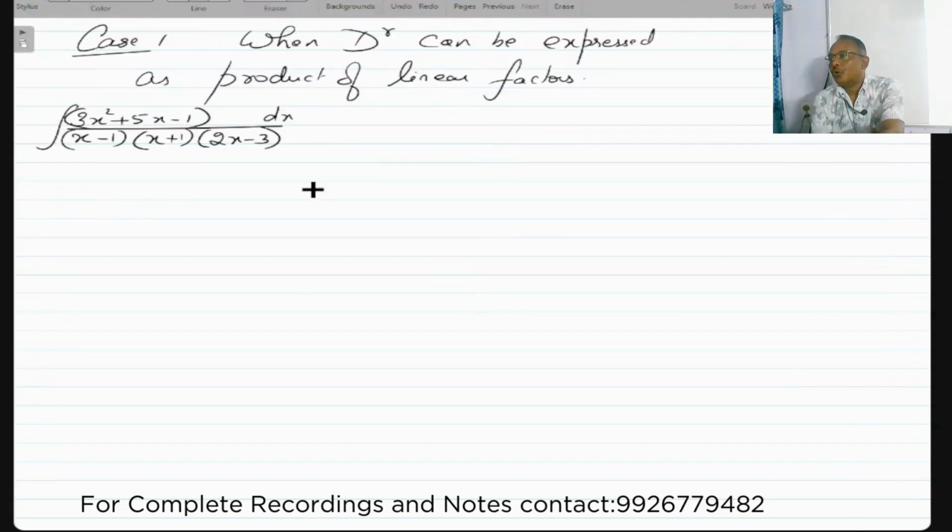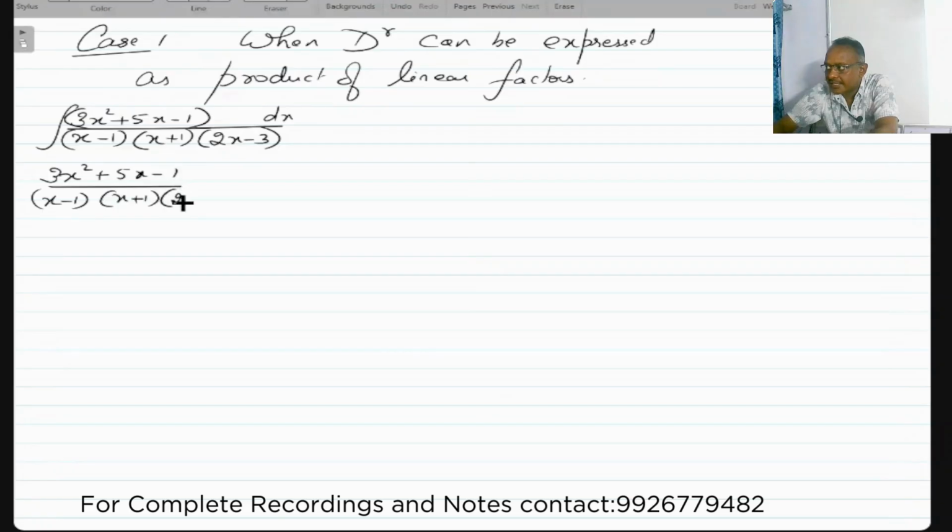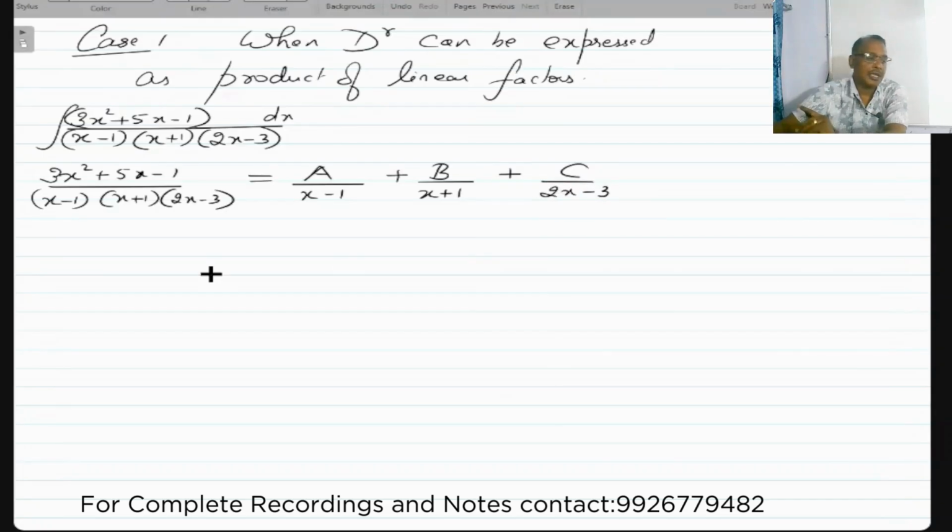Yes. So partial fractions can be used. For such a case, what do we do? Write this as a upon x minus 1, b upon x plus 1, c upon 2x minus 3, breaking it into three fractions, and d upon, and so on, breaking it into as many fractions as there are.